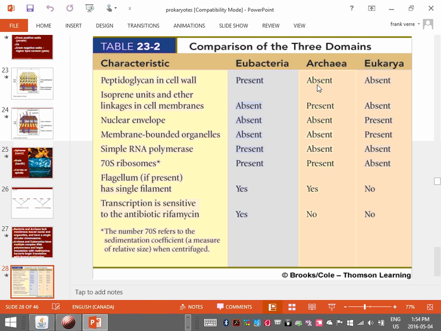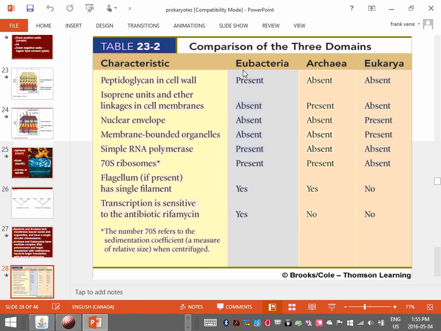There is a level above kingdom called a domain. This says there's 3 domains, and there's enough difference that there's separate domains. Remember, these two used to be one domain or one group. But you can see this says there's enough differences between them that we can classify them as 3 big groups.